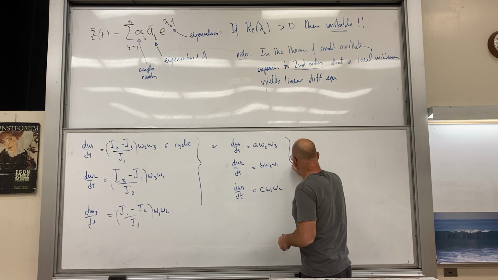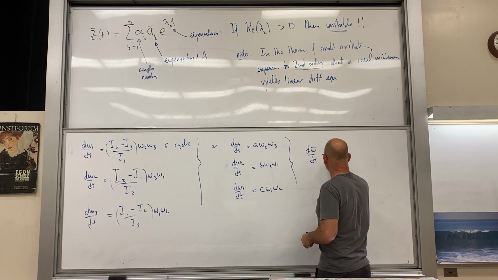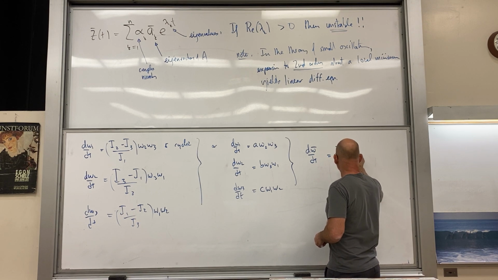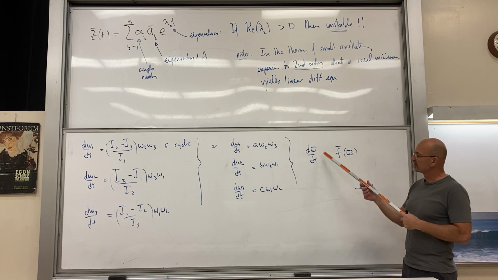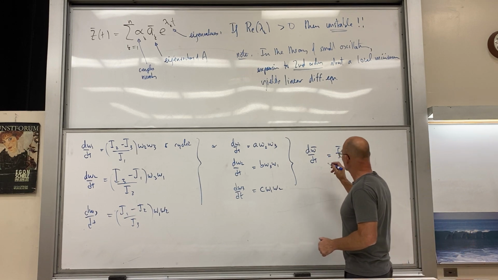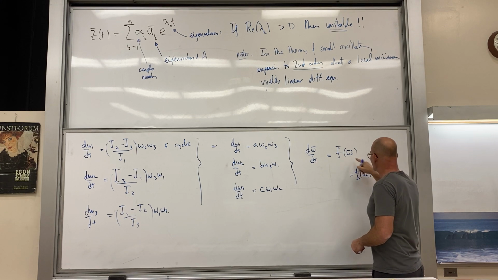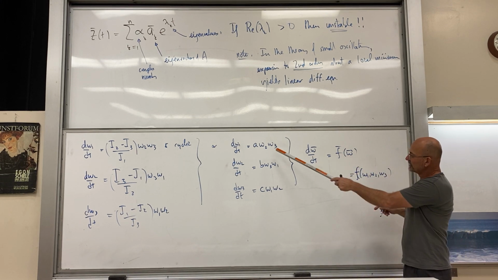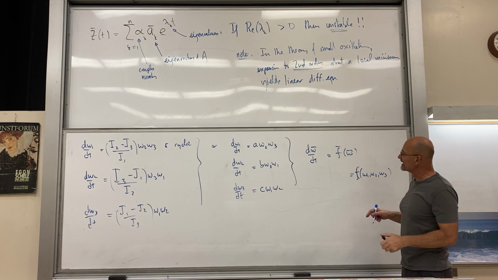So this is our d omega dt is equal to f of omega. This is what I had instead of x. I've got the omega, and you can say it's equal to f of omega 1, omega 2, omega 3. That's what we need. Okay, so you can see we have that form, and we can also see it's highly nonlinear.